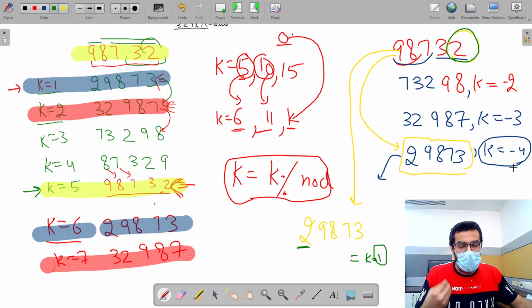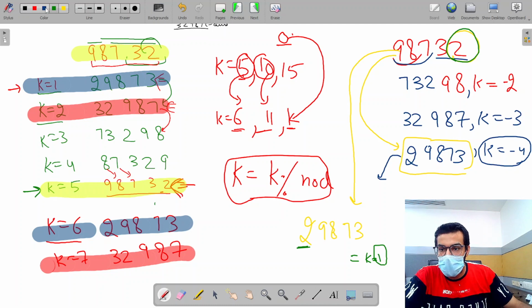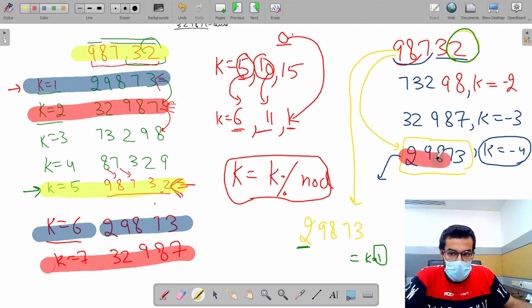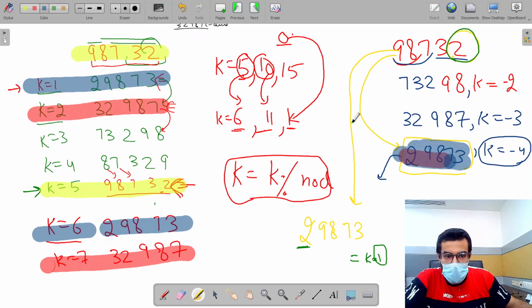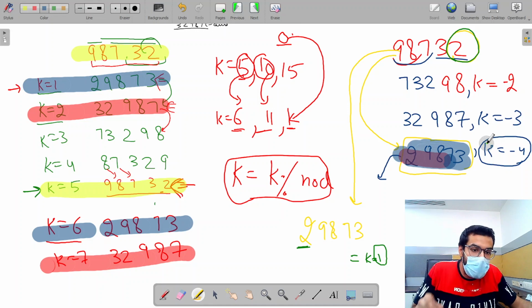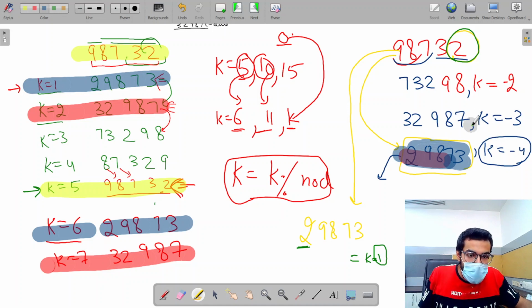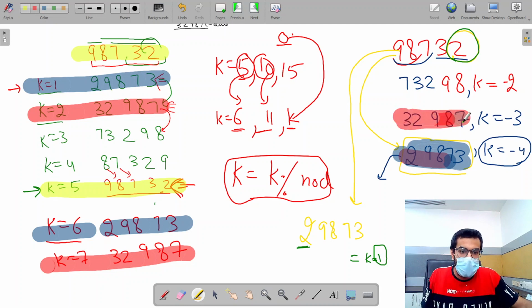And you can see this clearly, that k equal to 1 is nothing but this. Sorry, I had to use the blue pen. And k equal to minus 3 should be equal to 32987. Here 32987 is this. So this is 32987.